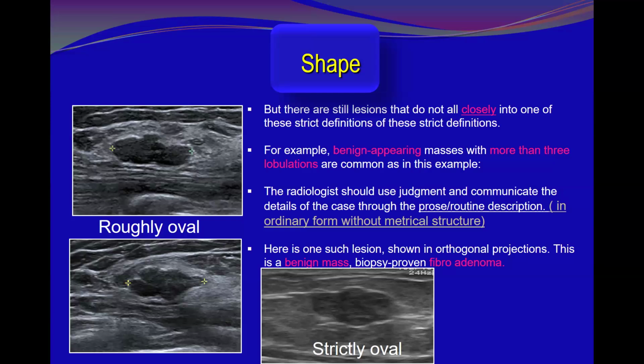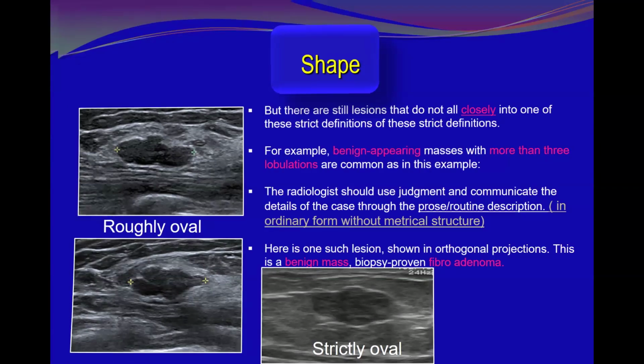So in such a case, as a radiologist, I will try to analyze these lesions and I can put it in a phrase. I have to describe it in a phrase, not just say this is oval shape and that is it. And this lesion was biopsied and proven to be a fibroadenoma.